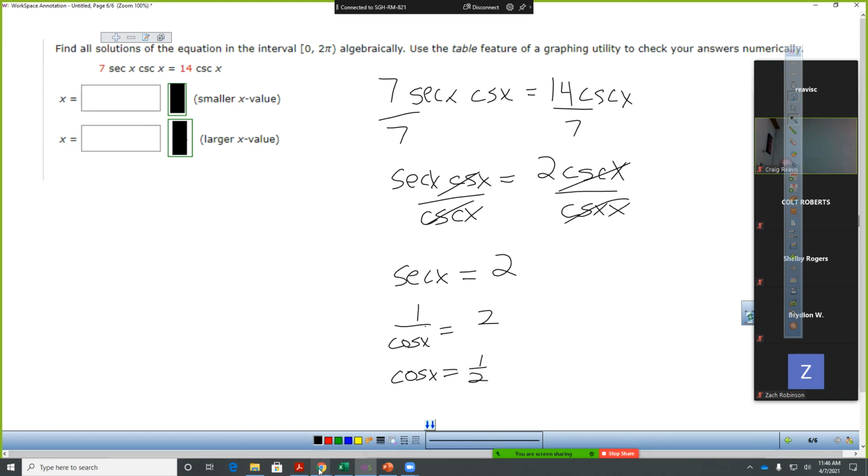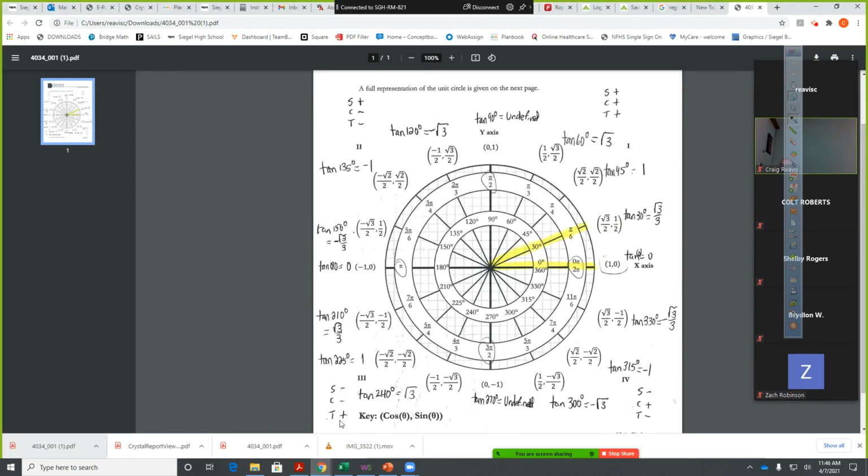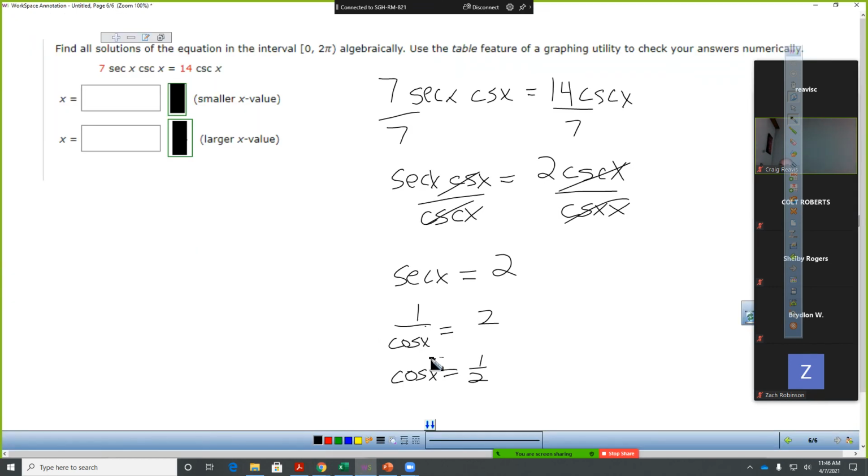So what I'm looking for when I go to my unit circle is where is the x coordinate 1/2? Right here at pi over 3. So x equals pi over 3. And let's see, where's the next one?